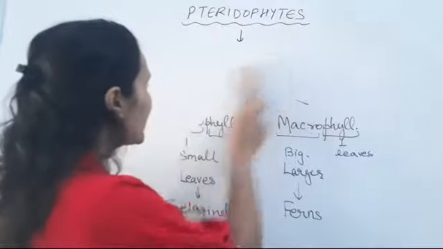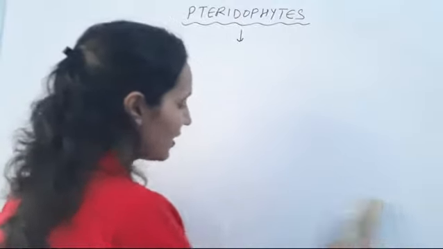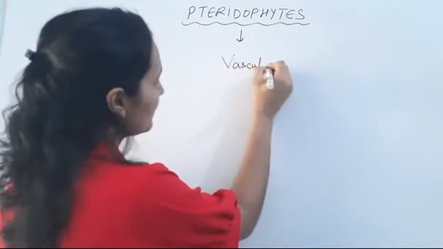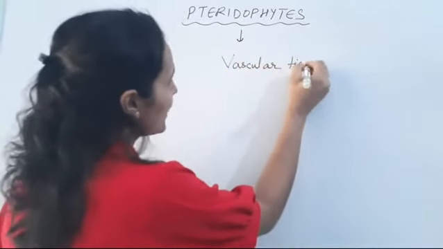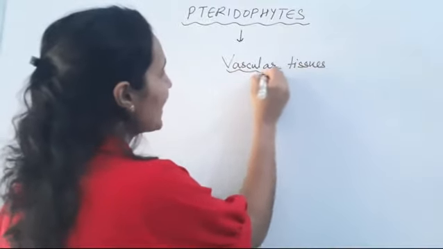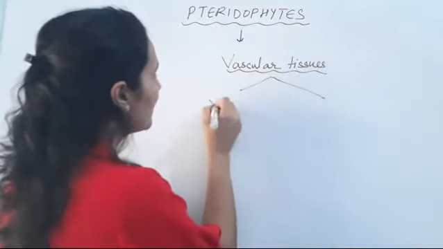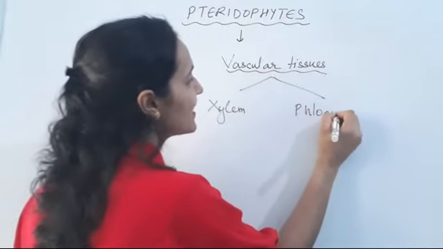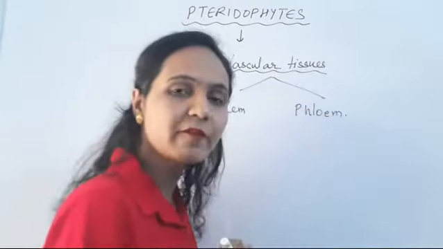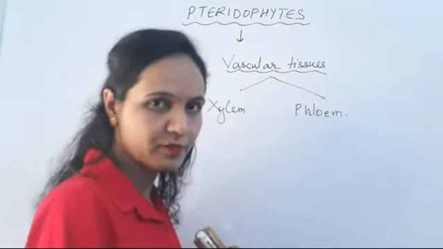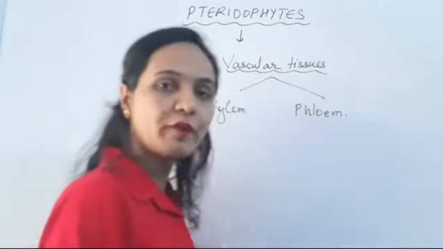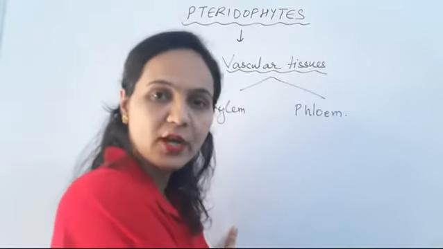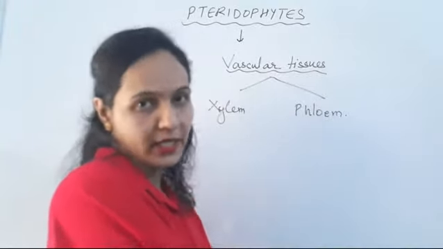Okay, the next thing is that these plants, the pteridophytes, have vascular tissues. That means they contain xylem and phloem. These are the vascular bundles which are found in the higher plants like gymnosperms and angiosperms. They are also found in pteridophytes. The xylem is required for the transportation of water in the plant.